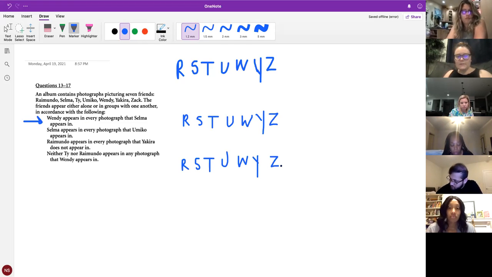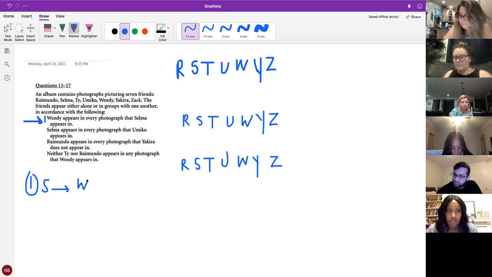Wendy appears in every photograph that Selma appears in. What this rule is saying is that if Selma is there, then there's Wendy. So I'm going to create a world where I have Selma, and a world where I don't have Selma.